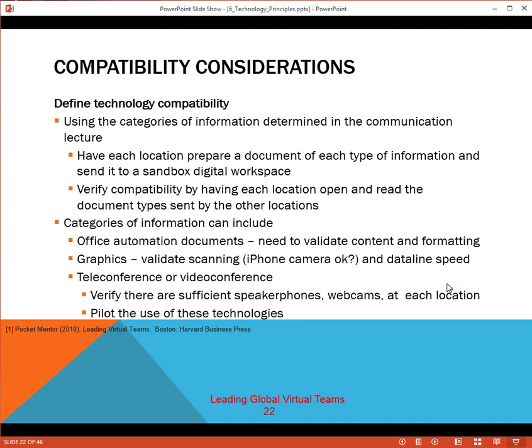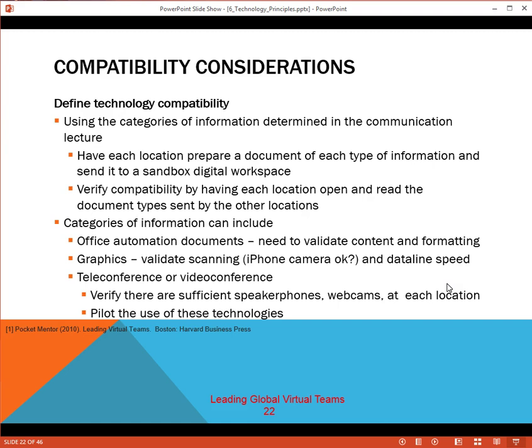That's a test system that you set up to simulate the type of, say, document storage, forum, or other tools you might be using. Most vendors, you can set up a sandbox in their area that's just a test area and then later take it down. You've got to then verify the compatibility by having each location open and read the document types sent by the other locations.